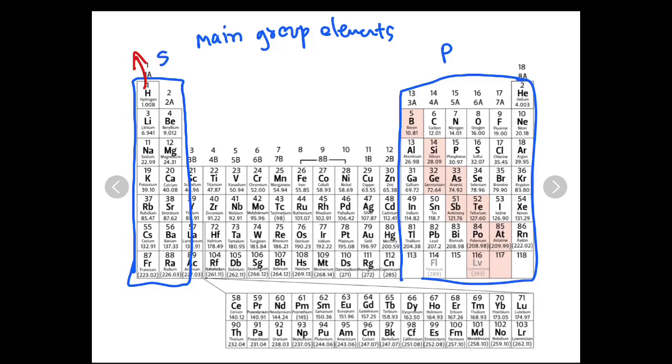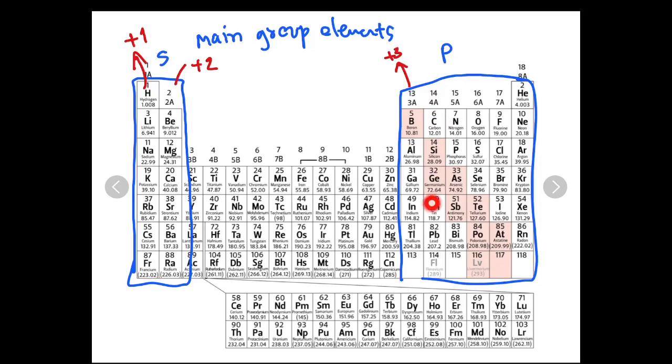So group 1 would be +1. Group 2 would be +2, and then we go all the way to group 3A, which would be +3. The chance of group 4 to lose or accept electrons is equal.